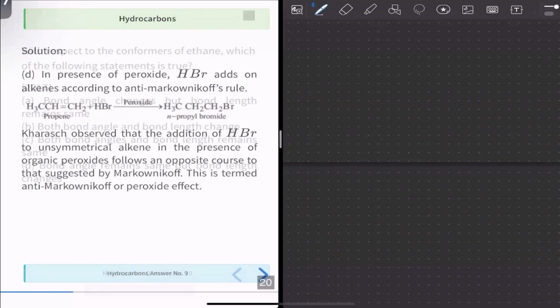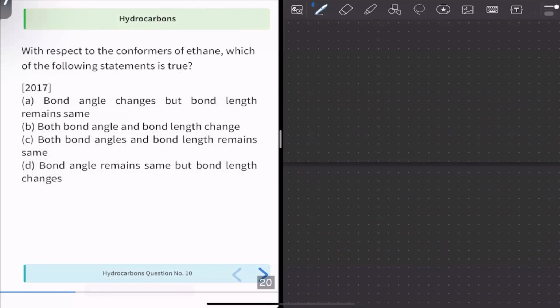Let's move on to question number 10. With respect to the conformers of ethane, which of the following statements is true? Okay, what are conformers? Let's draw ethane in a sawhorse-like form.